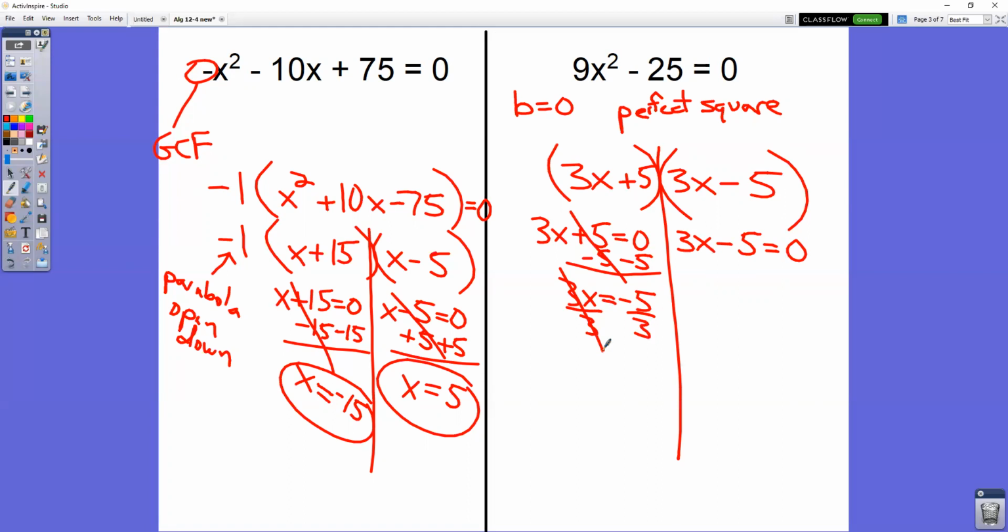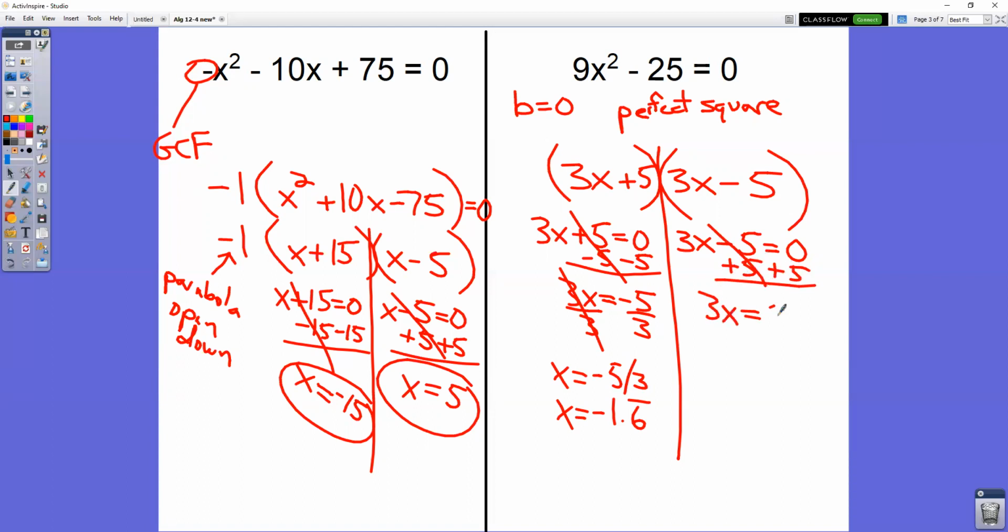It's okay to get decimal answers in these. You will get some that are decimals. If you do -5 divided by 3, you could just leave it as a fraction, -5 over 3, or you could write it as a decimal, -1.6 repeating.